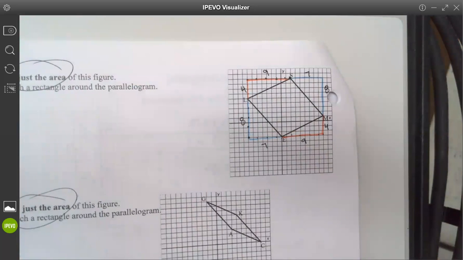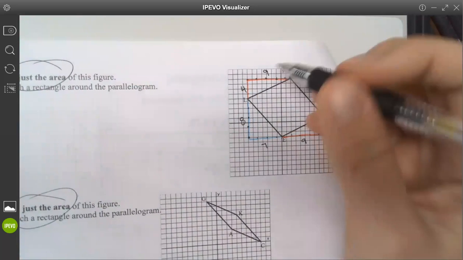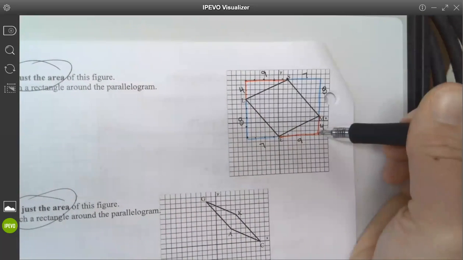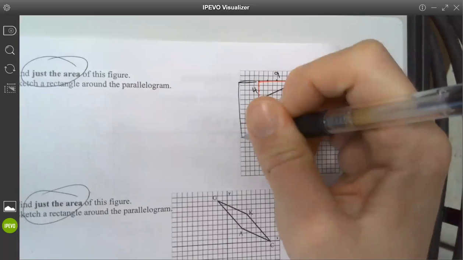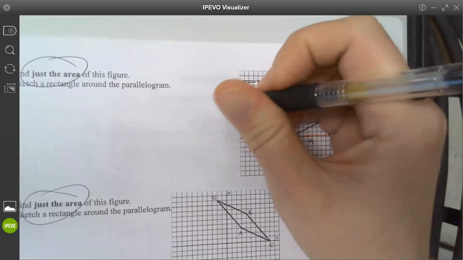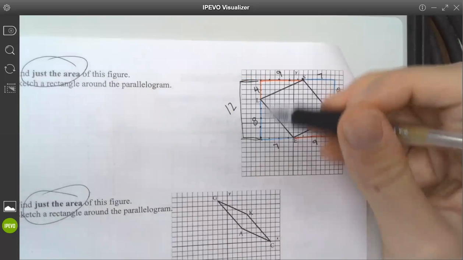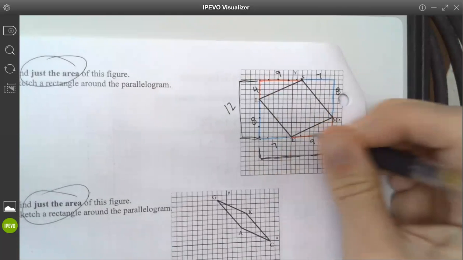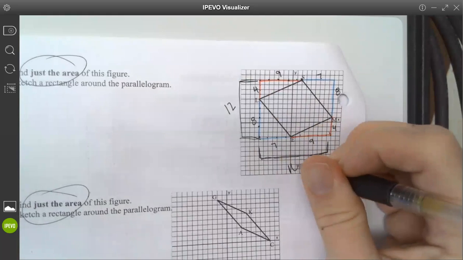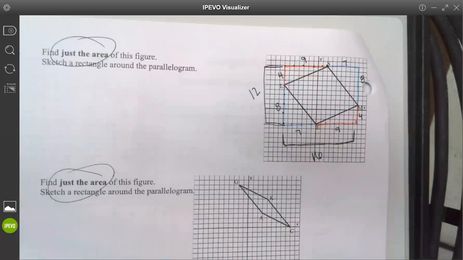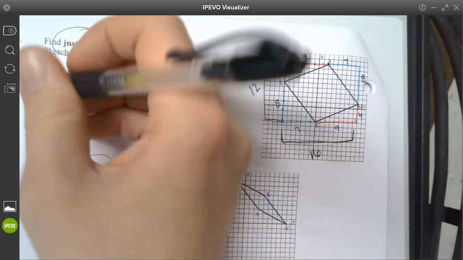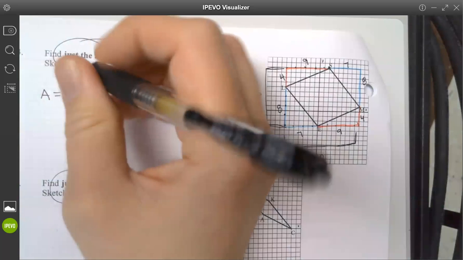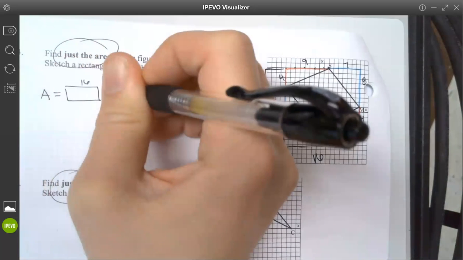Okay. So to find the area, what we need to do is find this big box shape's area and then subtract out these extra triangles. So this large rectangle that I drew in, this length is 12 units, 8 and 4 together. And this length, 7 and 9 together, would be 16 units. So to find the area, what's the area of something that's 12 by 16?